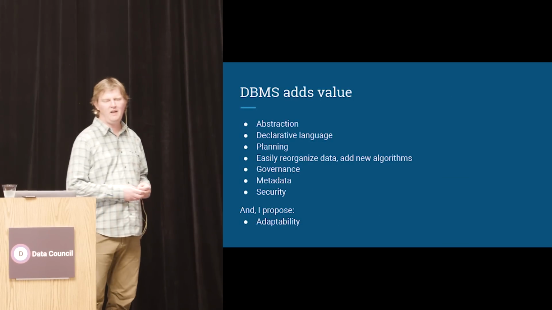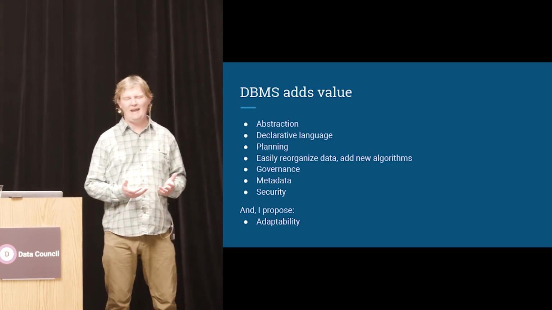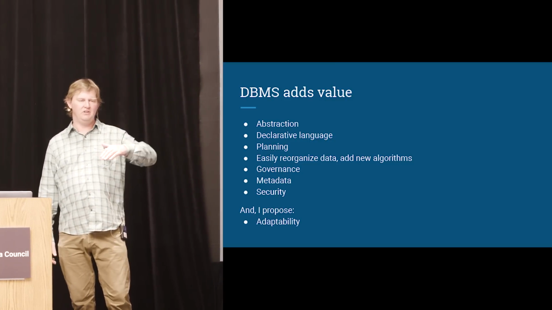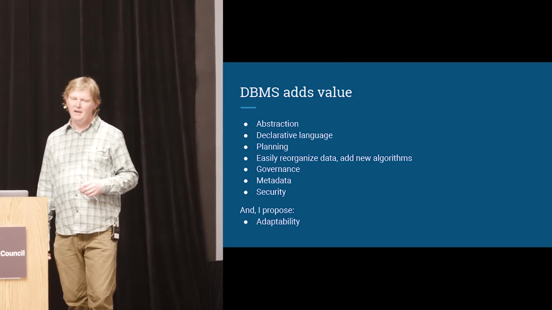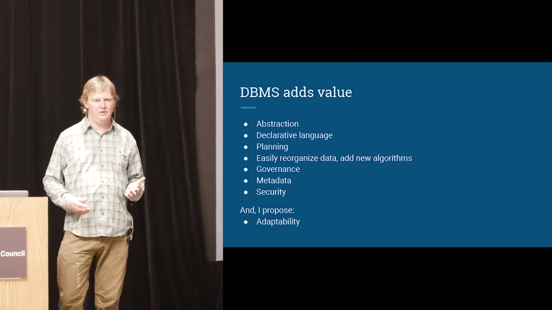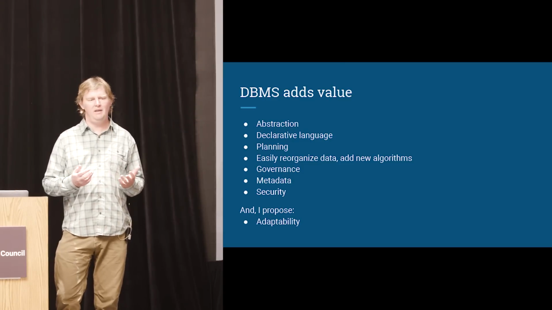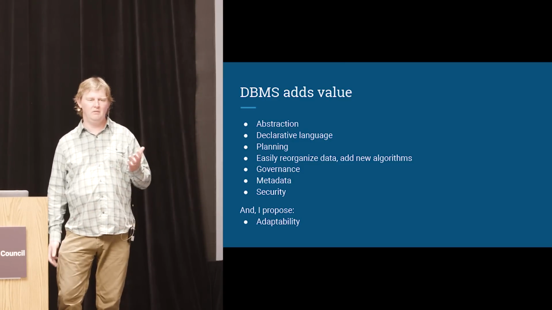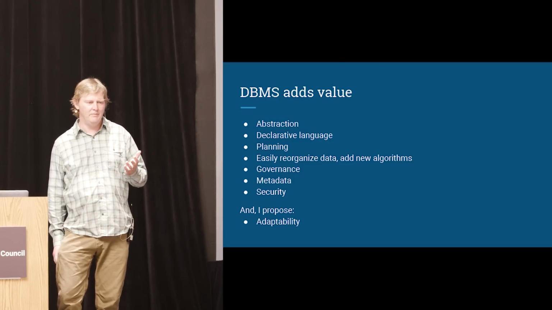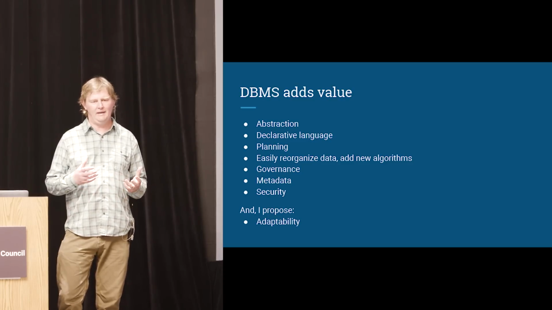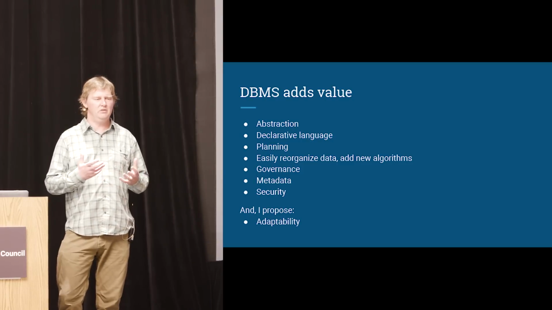So there's various kinds of value that the DBMS adds. I mentioned abstraction, this fact that there's a high-level language which translates to a low-level language. You have to have that declarative language. It's difficult to translate a Python program into something lower level because it's difficult to understand and rewrite something which is a Turing powerful language.